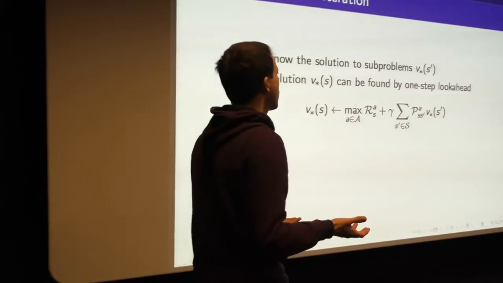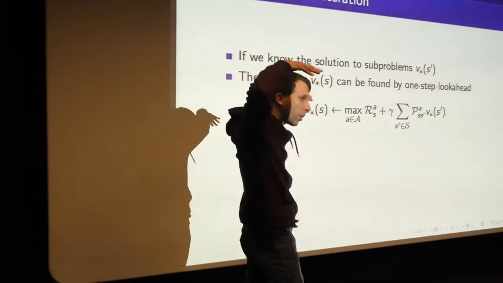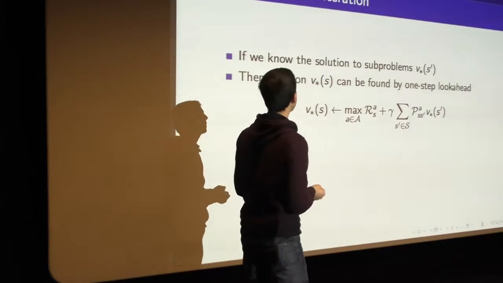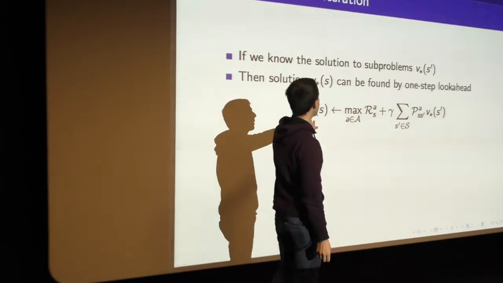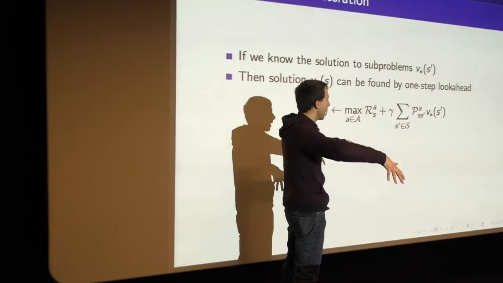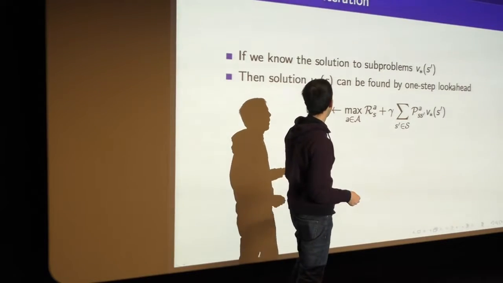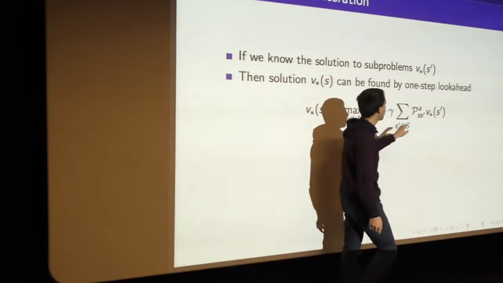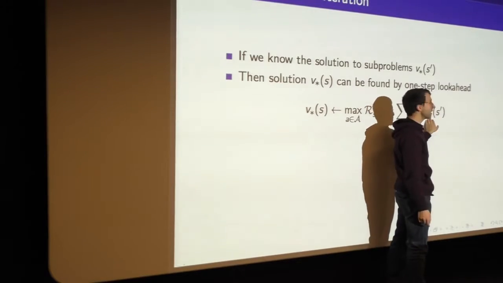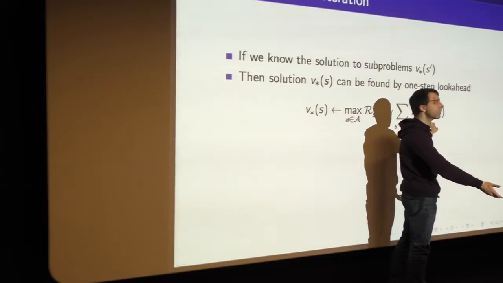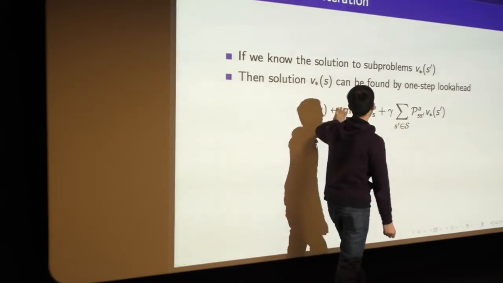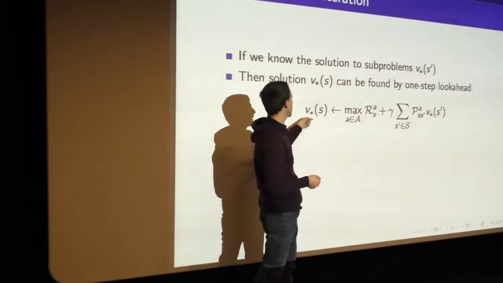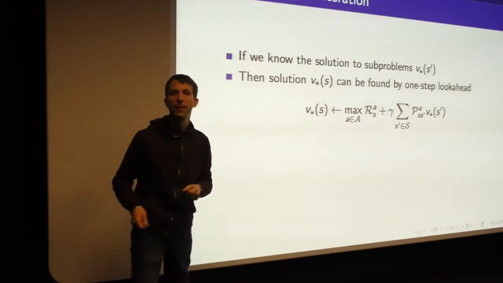All we need to do is a one-step look ahead. We build our one-step look ahead tree, this time using the Bellman optimality equation, look at the leaves of our tree and back them up. We start with our inductive premise that we know the optimal solution from the leaves, and we back this up by doing a one-step look ahead up the tree. We maximize over all the things we might do, and that gives us the optimal thing to do at the root.